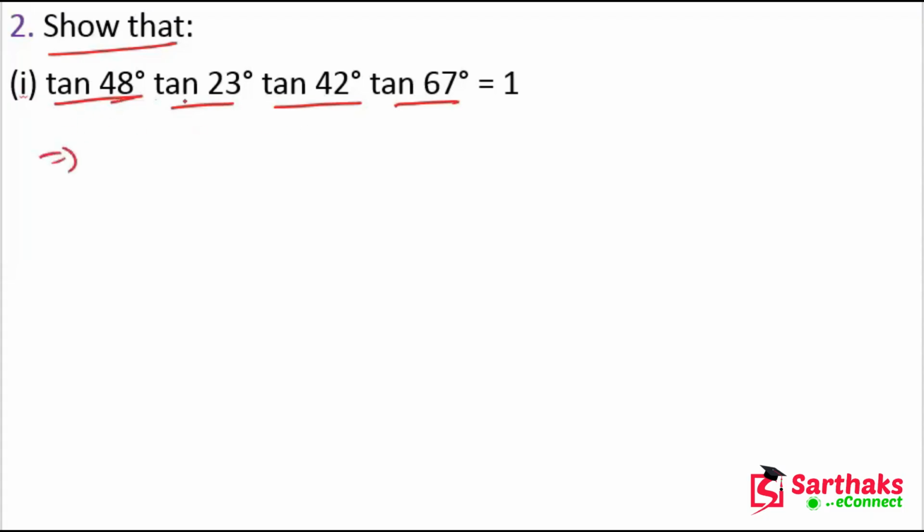So 48 and 42 are complementary angles. So we can write tan 48 degree dot tan 42 degree, and tan 23 degree and tan 67 degree, because 23 and 67 are complementary angles. This is equal to 1.